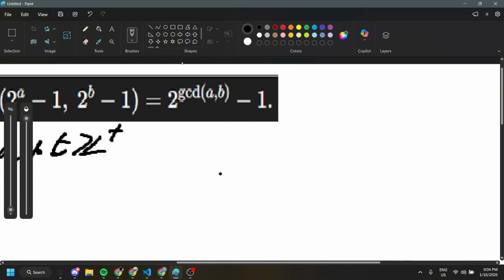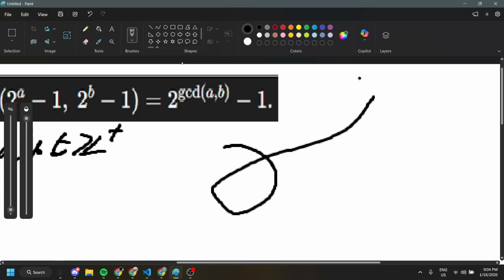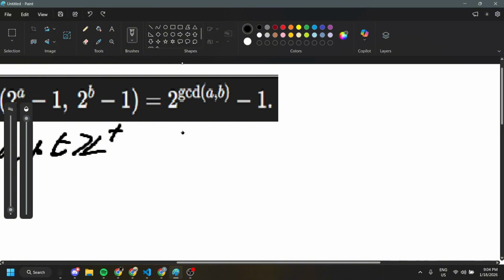If we look at 2 to the blank minus 1, I know that it's possible that that's prime. There's a certain class of numbers that look like that that are prime. So, we know 2 to the A minus 1.